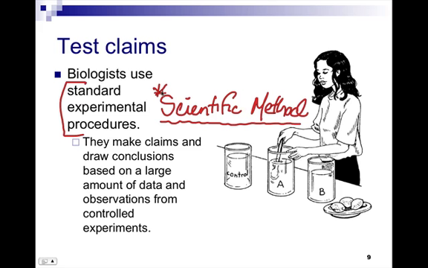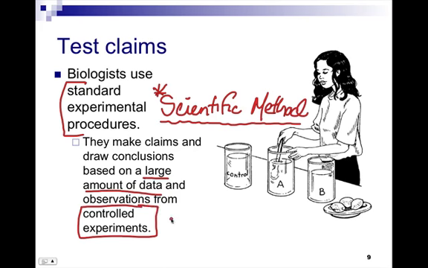So in experimental procedures, scientists make claims and draw conclusions based on, and here's the key, a large amount of data. So things are tested in science over and over again, and observations from what's called controlled experiments.